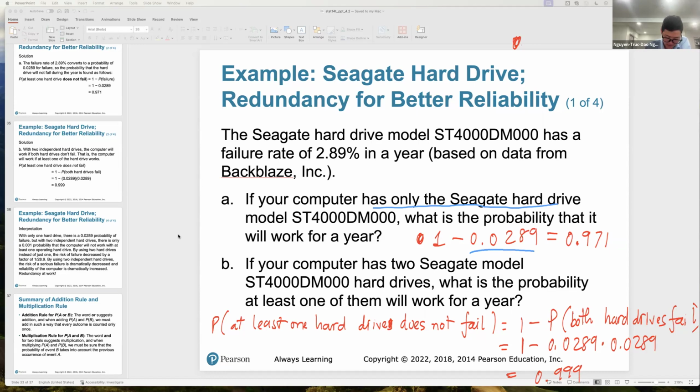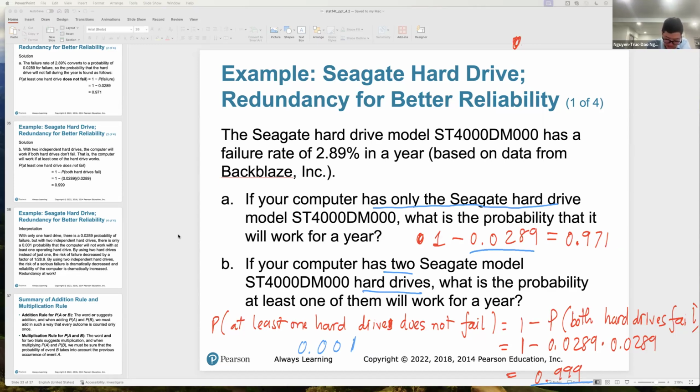But with two independent hard drives, there is only a 0.001 probability that the computer will not work with at least one operating hard drive, right?